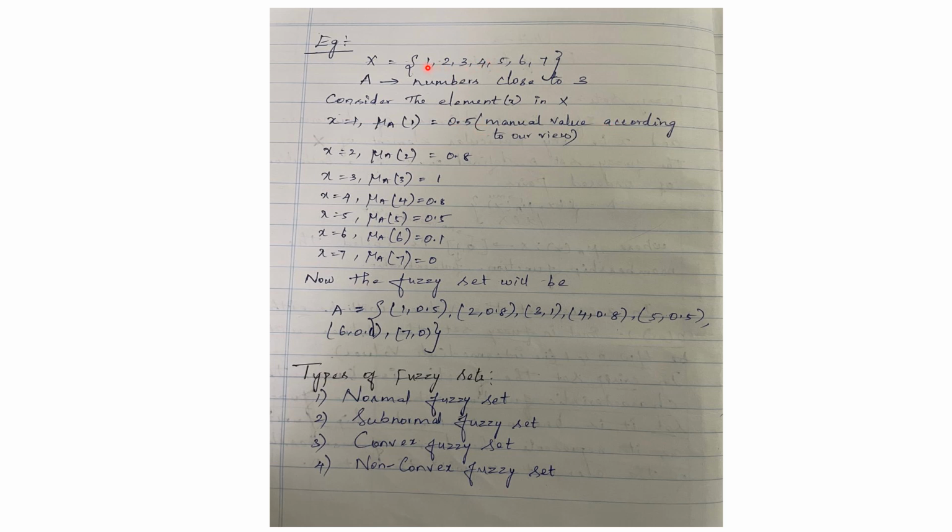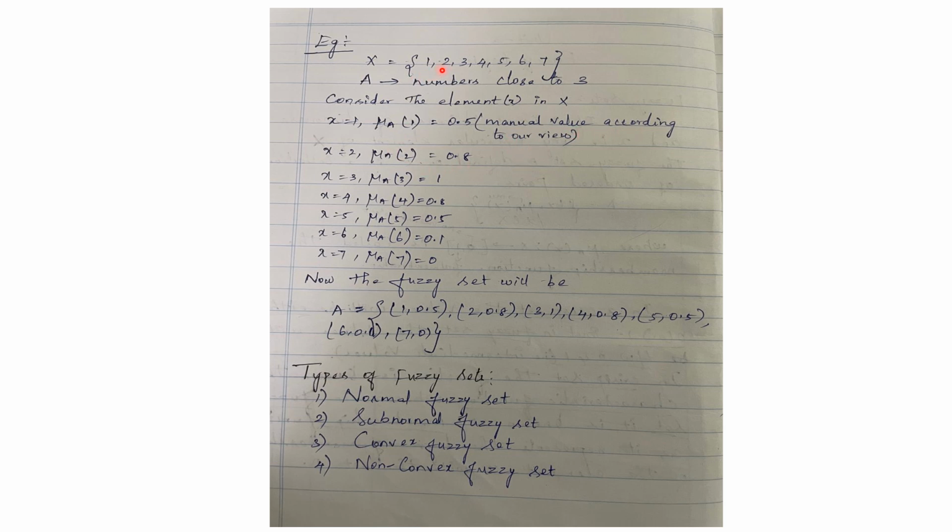So 1 is a bit farther from 3, while 2 will be the closest value. So generally we are assuming the value will be 0.5. So mu A of 1 will be 0.5. This is our manual value according to our understanding.